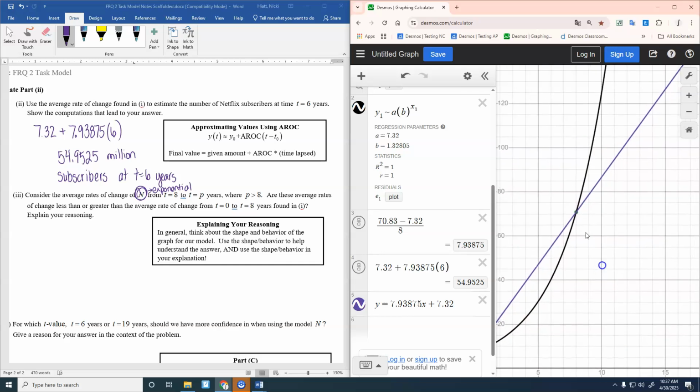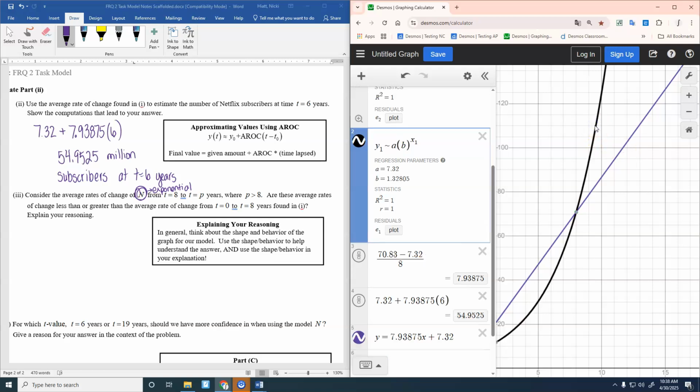So what it's asking me is, out here, is my average rate of change less than or greater than the average rate of change from 0 to 8. So is my graph steeper or less steep than that average rate of change? The actual black graph, the N of t graph. It is more steep, right?